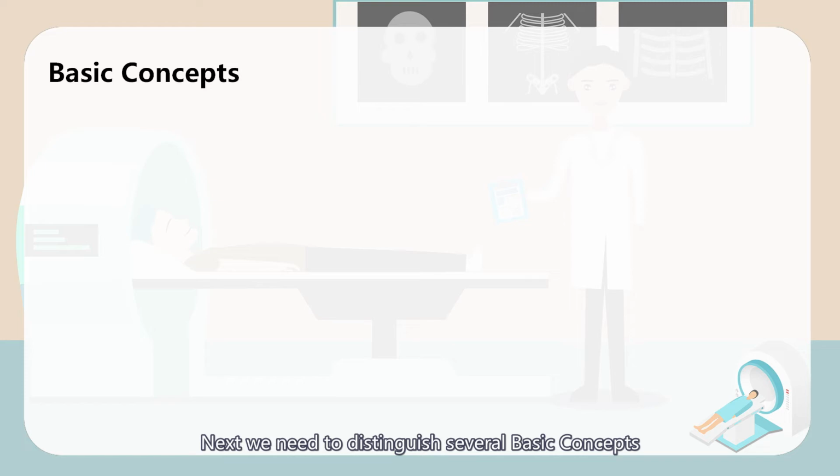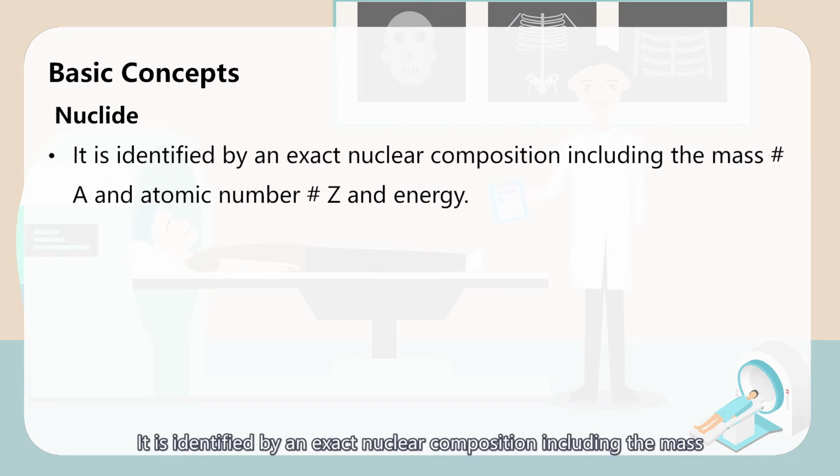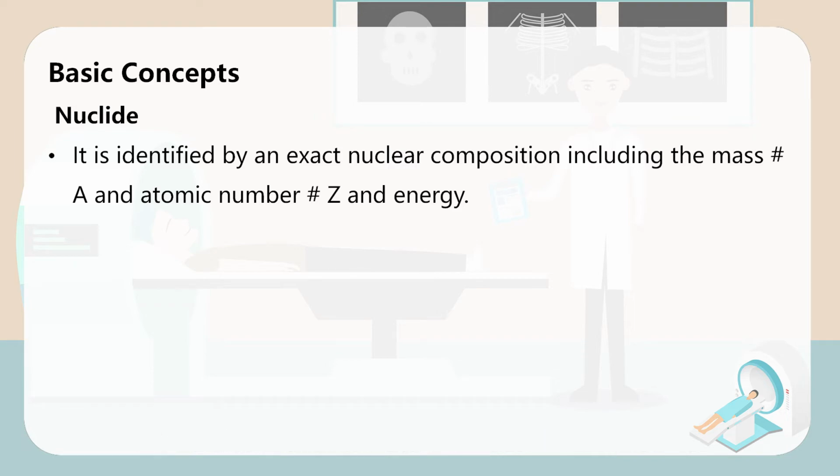Next, we need to distinguish several basic concepts. The first one is the nuclide. What does nuclide mean? It is identified by an exact nuclear composition, including the mass, the atomic number, and the energy. For the same nuclide, the proton number, the neutron number, and the energy state must be identical.